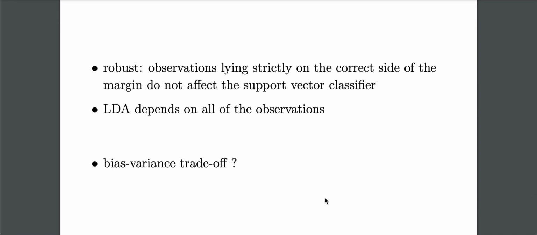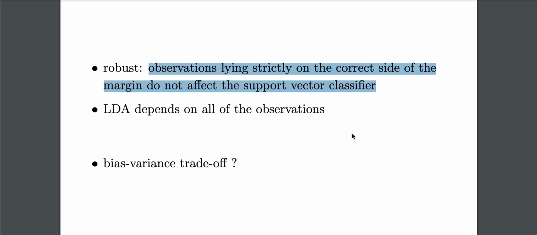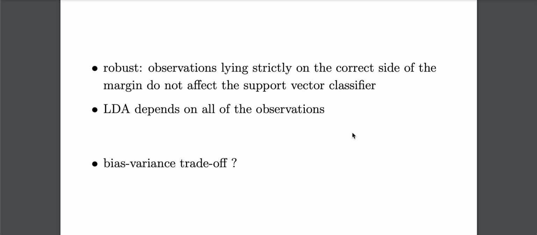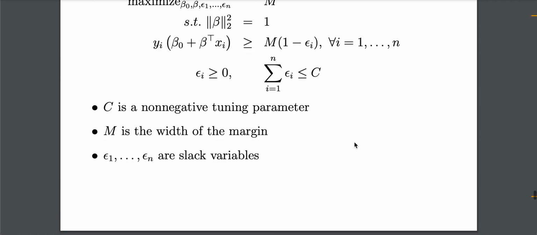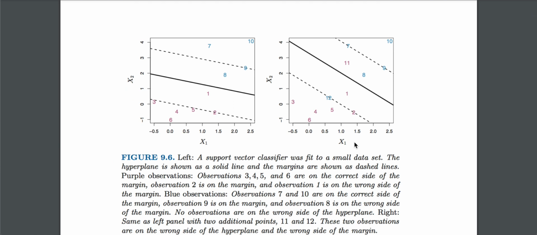So I just wanted to, I mean, we talked about this robustness. I just wanted to emphasize it again. I think these sentences are very useful. Observations lying strictly on the correct side of the margin do not affect the support vector classifier. We talked about this, right? And what it means is correct side of the margin, like 7 and 10. If I move 7 closer to 10, nothing will change.